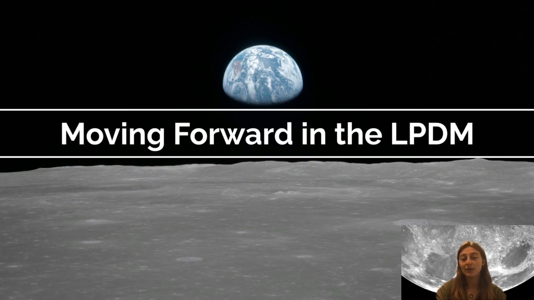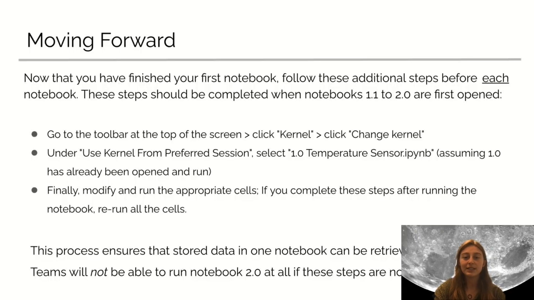Moving forward in the LPDM. Now that you have finished your first notebook, follow these additional steps before each notebook. These steps should be completed when notebooks 1.1 to 2.0 are first opened. Go to the toolbar at the top of the screen, click Kernel, then click Change Kernel.